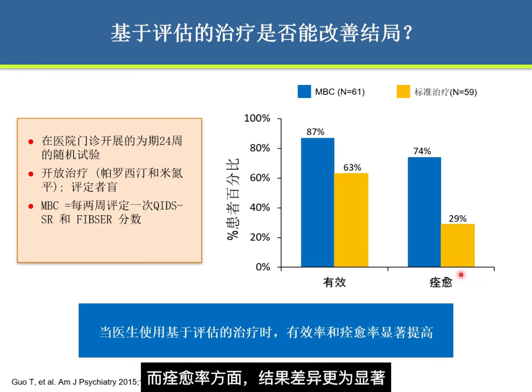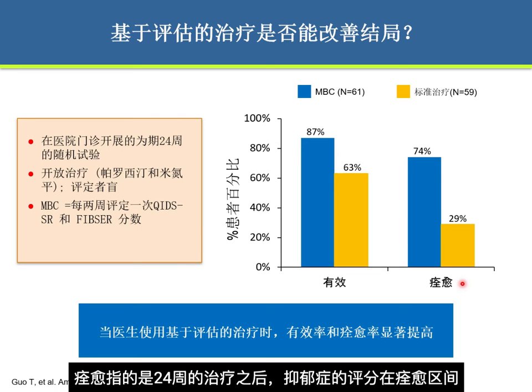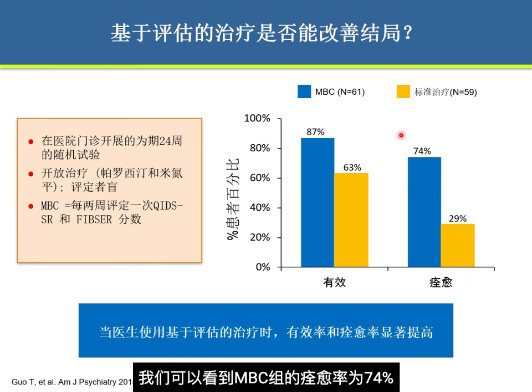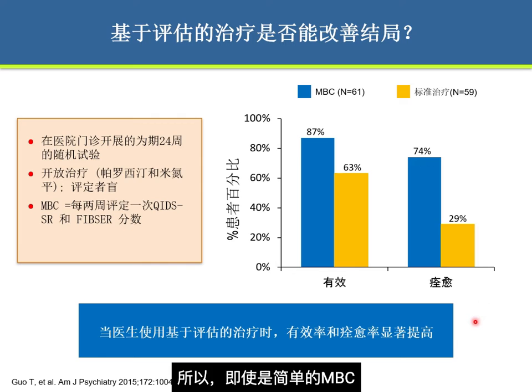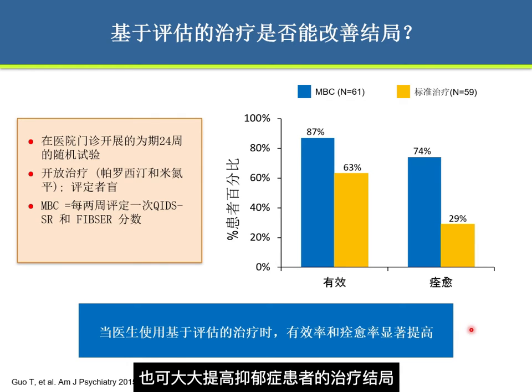When it came to clinical remission, the results were even more dramatic. And by remission, this was a score on the depression rating scale in the remission range after 24 weeks of treatment. And you can see that in the measurement-based care group, 74% were in symptom remission, compared to only 29% in the usual care group. So again, even simple measurement-based care can greatly improve treatment outcomes in people with depression.